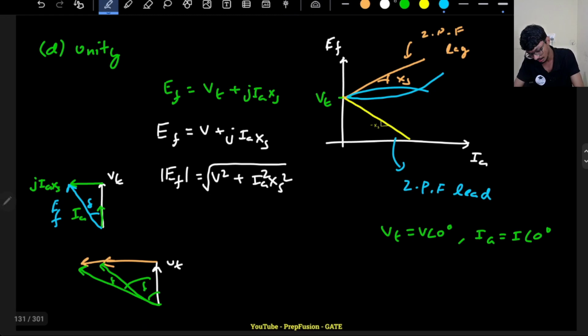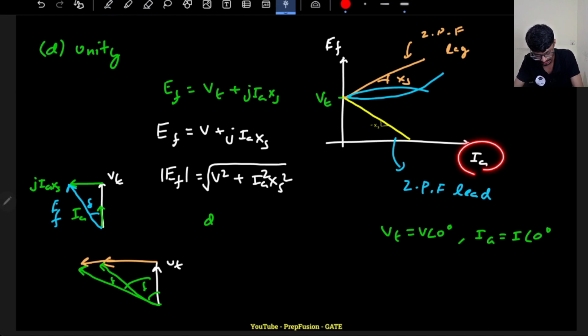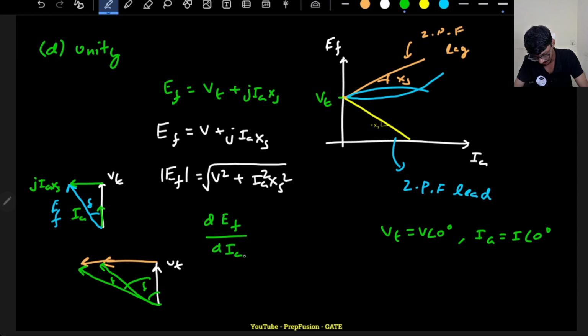So if I differentiate this, this will be dEF with respect to the variable here, which is IA. So I will differentiate dEF by dIA. This will be 1 by the square root, which is anyway a positive number, of V square plus (IA XS) whole square, into half into 2 IA XS square.